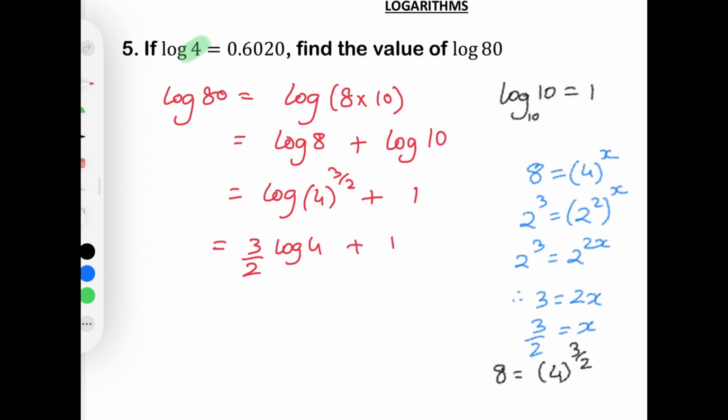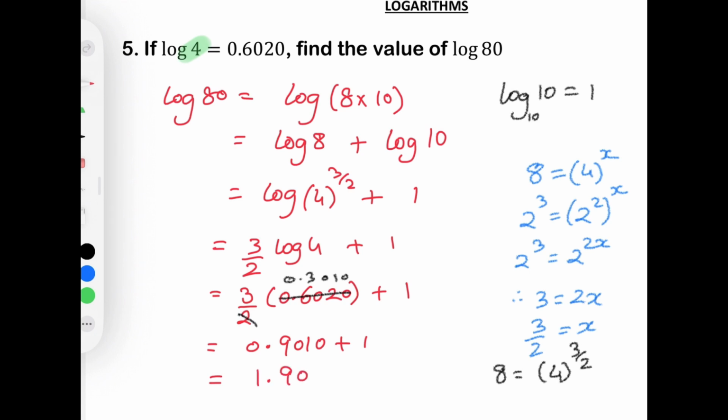And we know the value of logarithm 4 from the given information. So 3 by 2 times 0.6020 plus 1. So 3 by 2 times 0.6020, we can cancel out the denominator 2 with 0.6020 to get 0.3010, and that is multiplied by 3 to give 0.9030 plus 1.